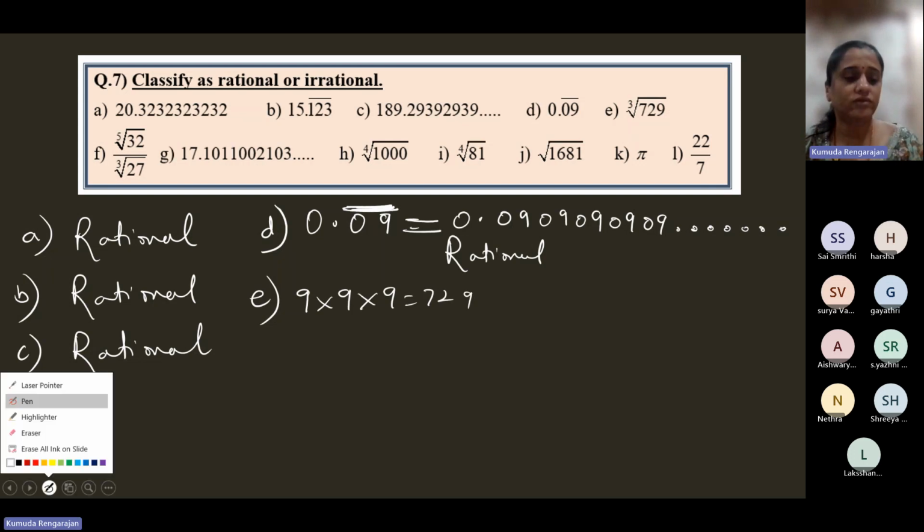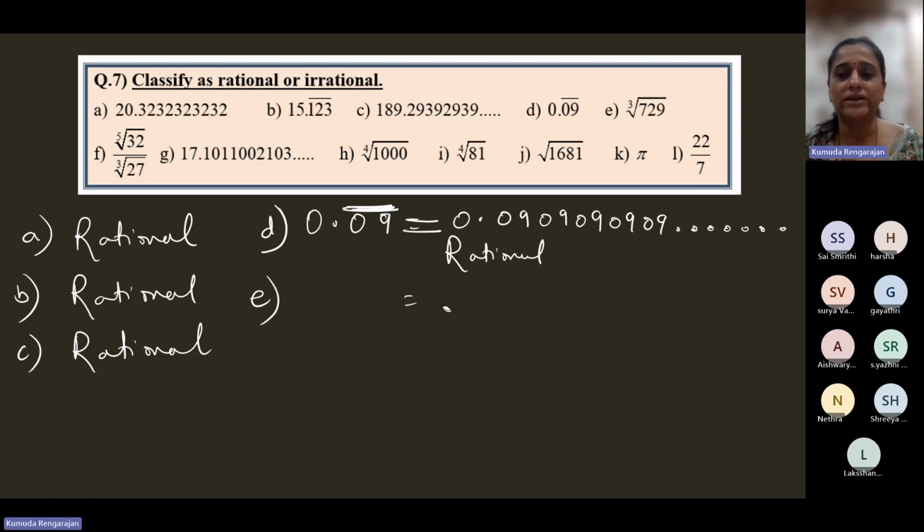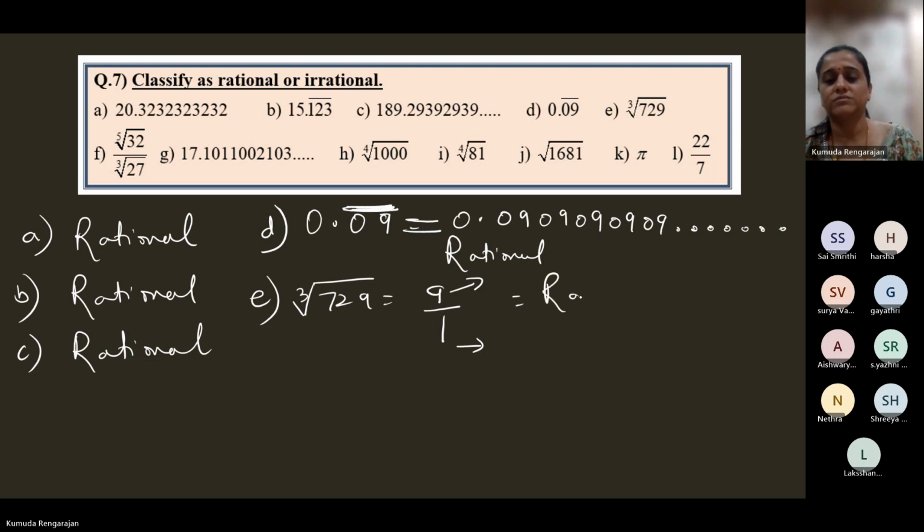So the cube root of 729 is 9. And 9 is 9 by 1, which is integer by integer. So it's a rational number.